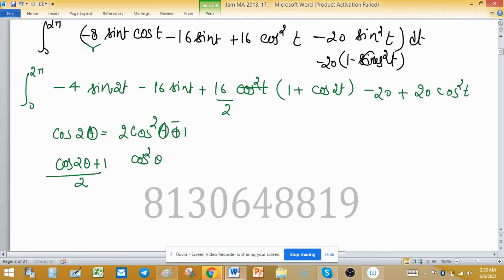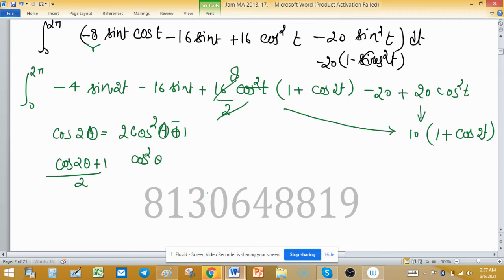Again we have to write this one. Take half of 20, which is 10, and I can write 1 plus cos 2t. Combine these two terms: 8 from here cancels out, so 8 and 10 gives 18.